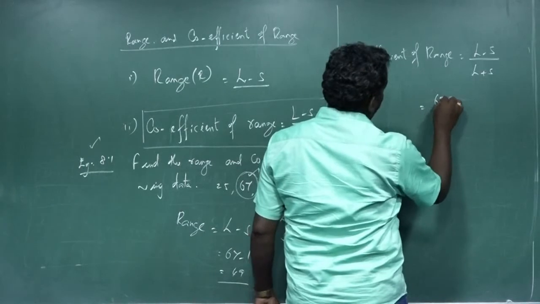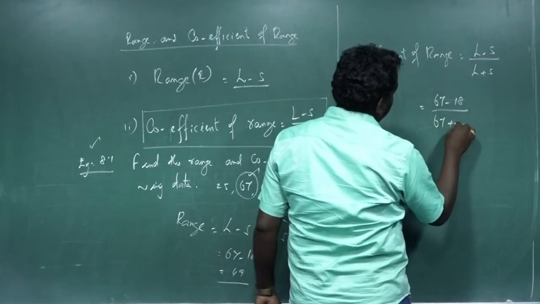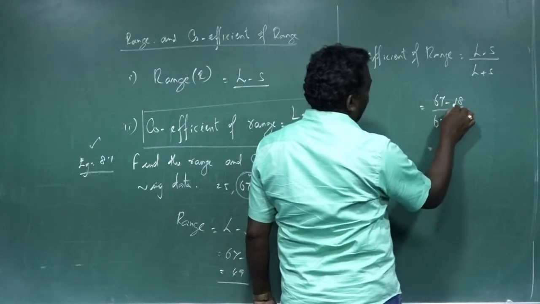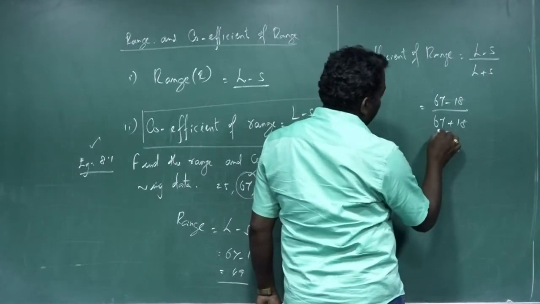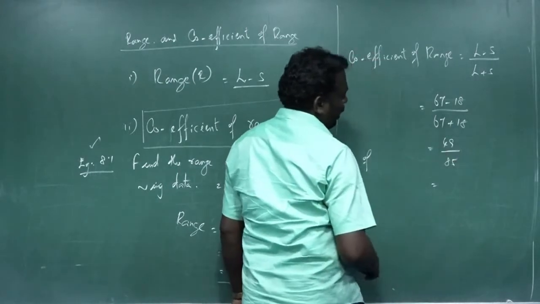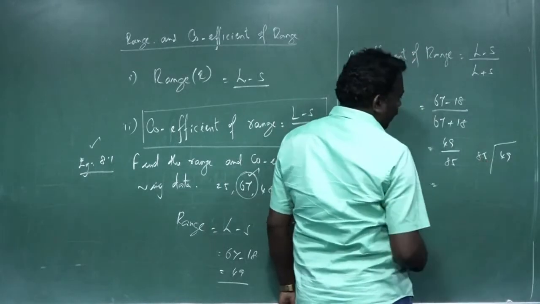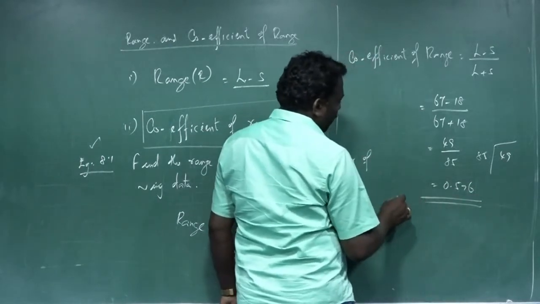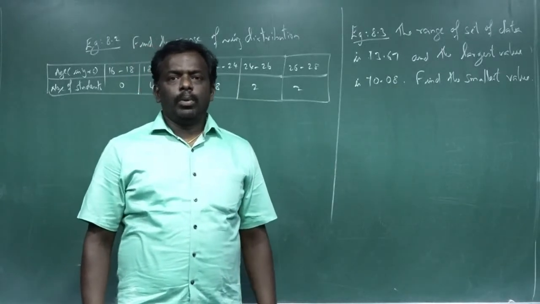That is 67 minus 18, which is 49, divided by 67 plus 18, which is 85. Cancelling by long division, we get the final value 0.576, which is the coefficient of range. Come to next example.